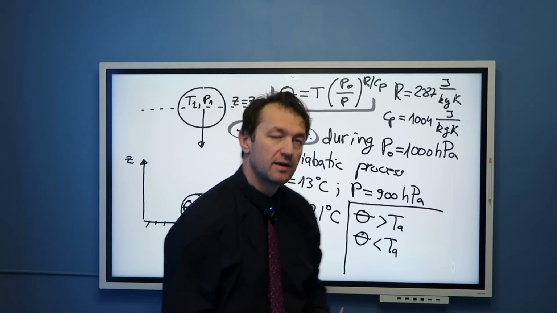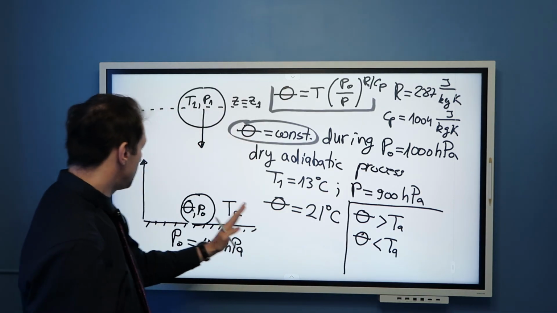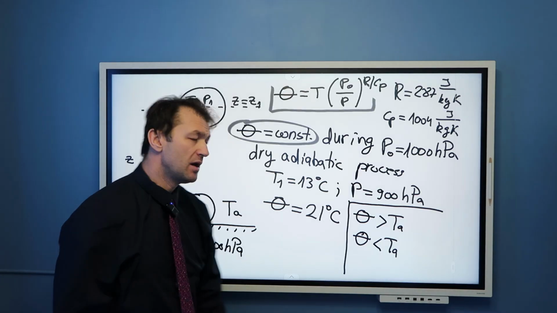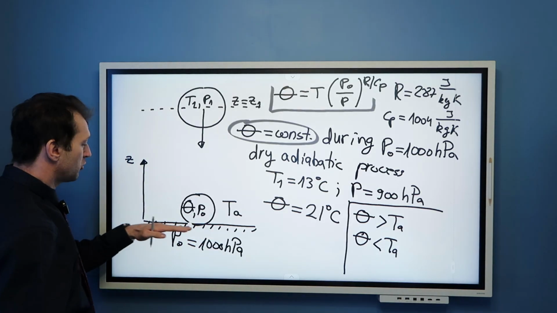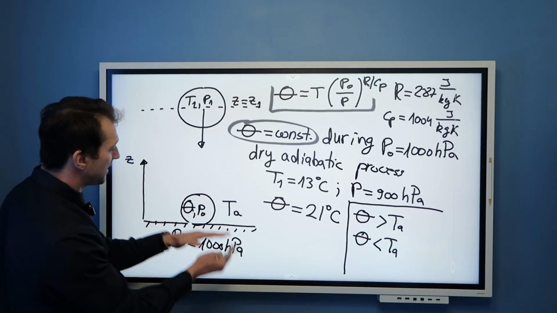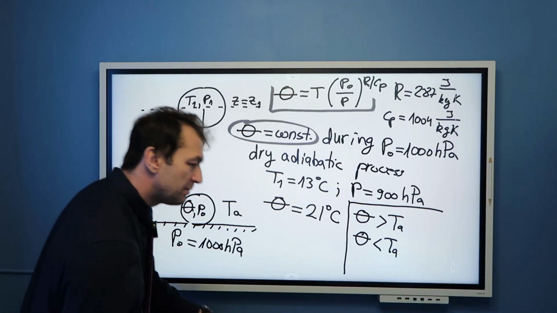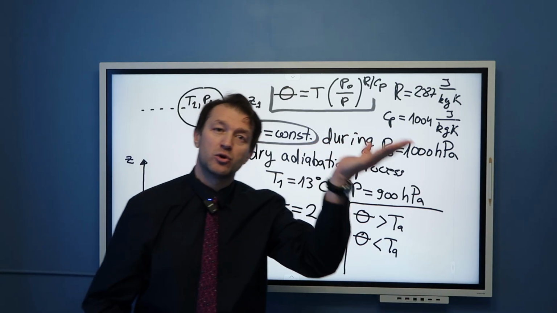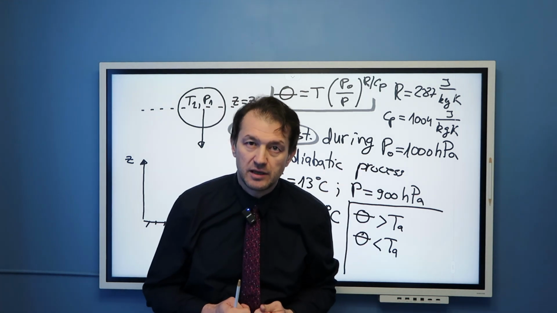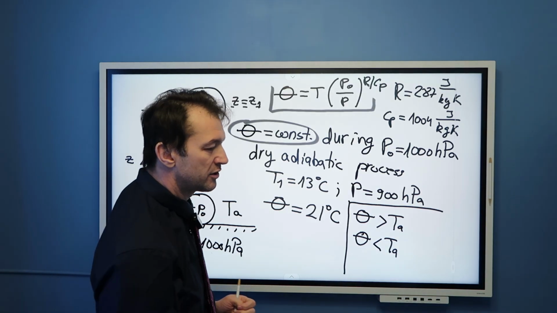Well, in that case, the parcel of air is colder than the ambient atmosphere and it would tend to sink deeper. In this case, it cannot sink deeper because I assume that here is the Earth's surface. But if 1000 hectopascals is not at the Earth's surface but above it, then the parcel of air under this condition will continue sinking. Theoretically indefinitely, but in the atmosphere it cannot be indefinite because eventually it will hit the Earth's surface.